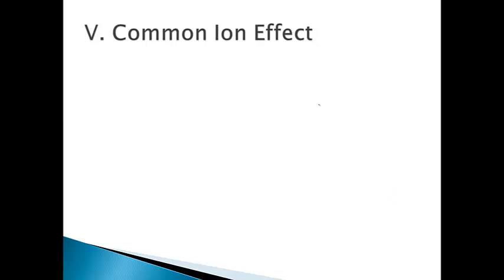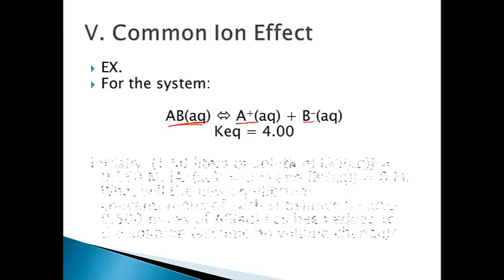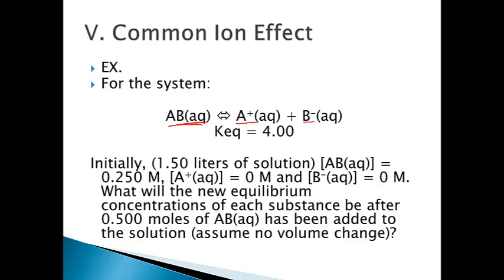Now comes a little bit harder problem. This is where all the math stuff gets involved. For our system, we're going to use AB, and it's in equilibrium with its ions, A plus and B minus. The Keq for this is 4.0. Initially, you have 1.50 liters of this solution.